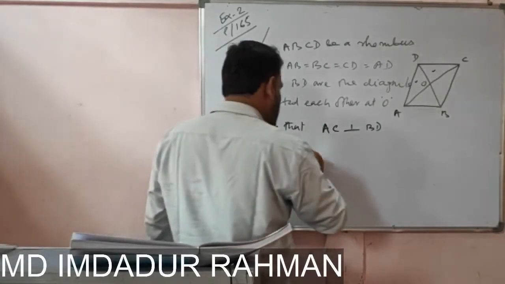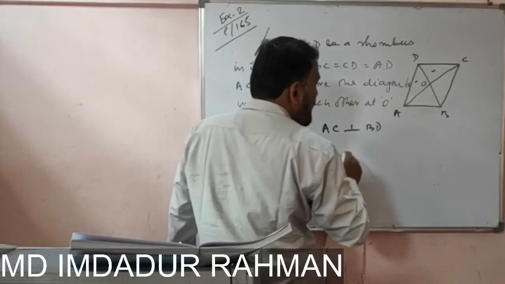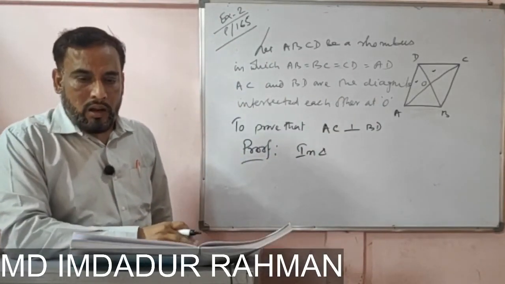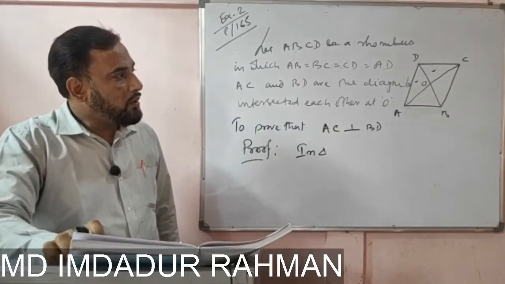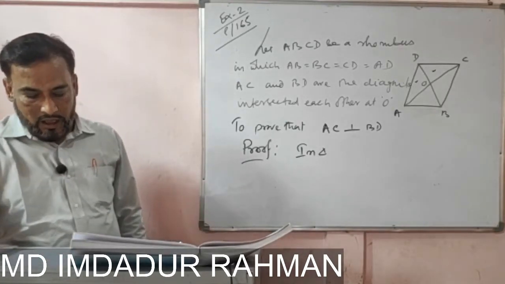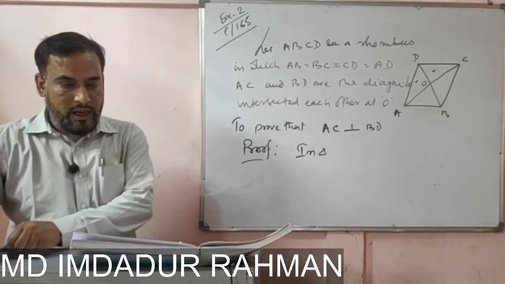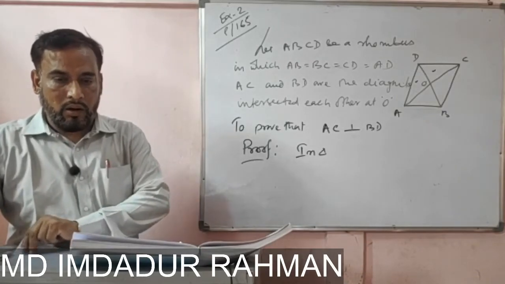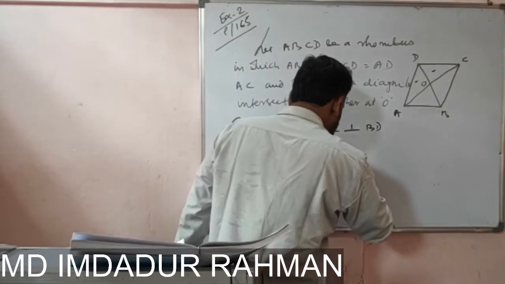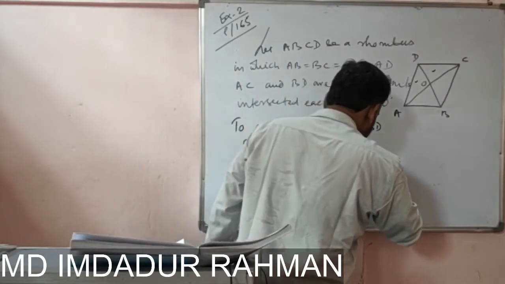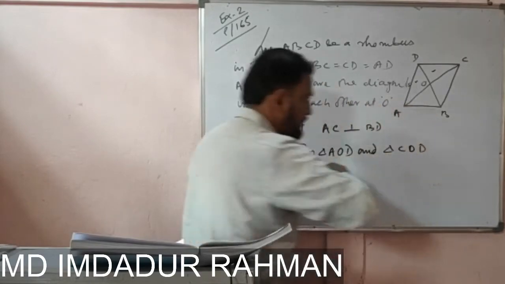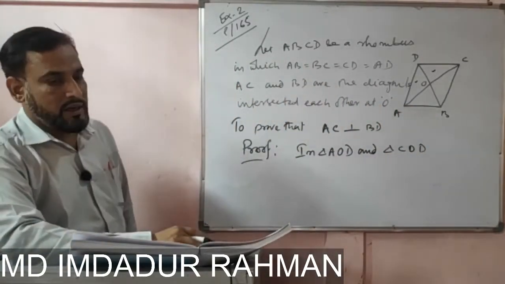So in triangle AOD and triangle COD, what are we getting?